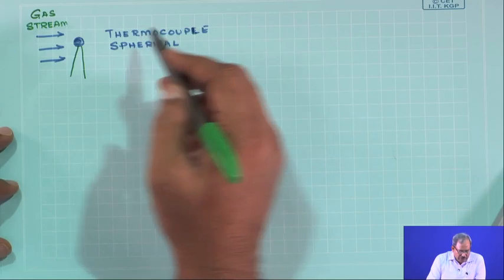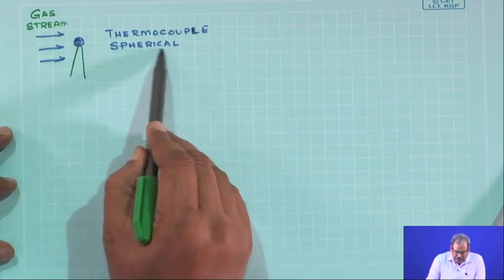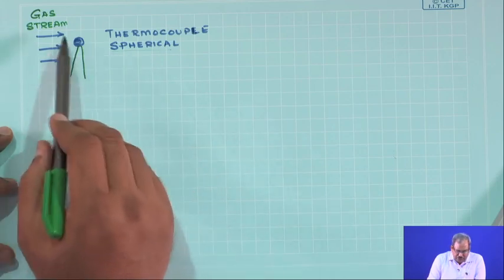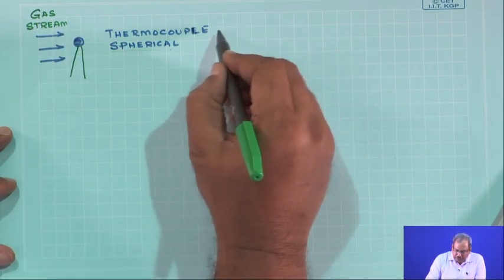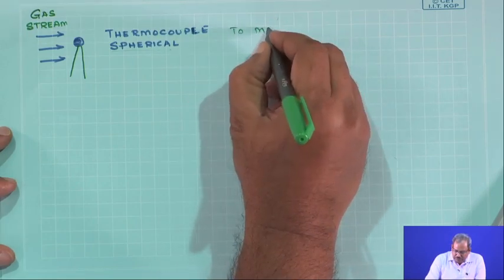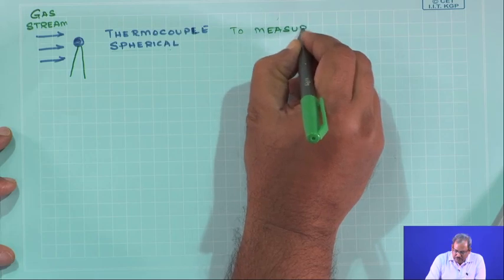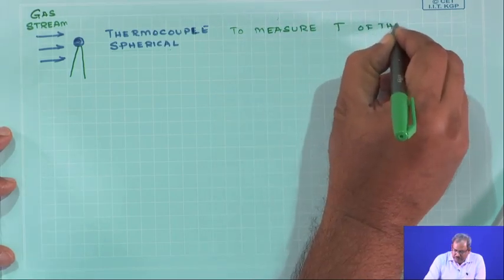So, a thermocouple junction which is approximated as a sphere is used for temperature measurement in a gas stream. The purpose of this is to measure the temperature of the gas stream.